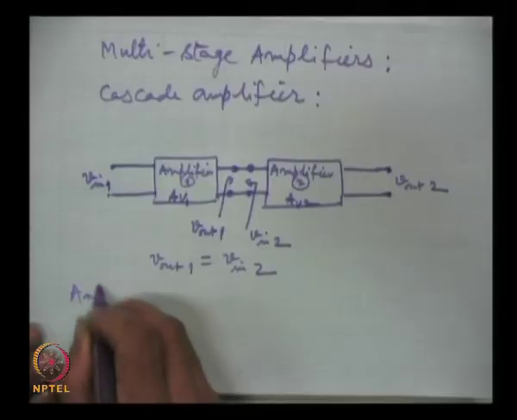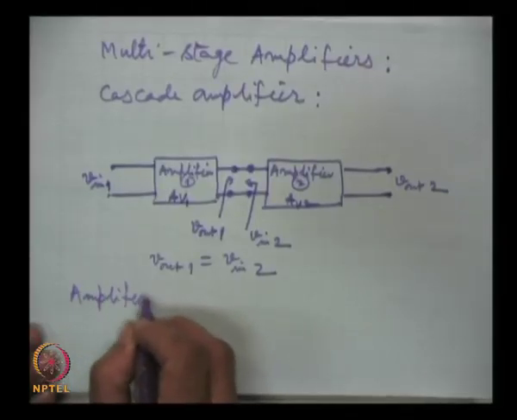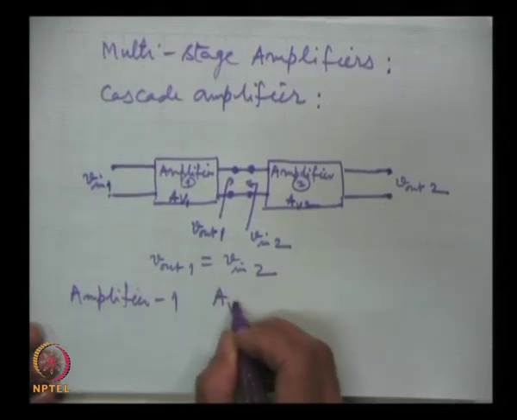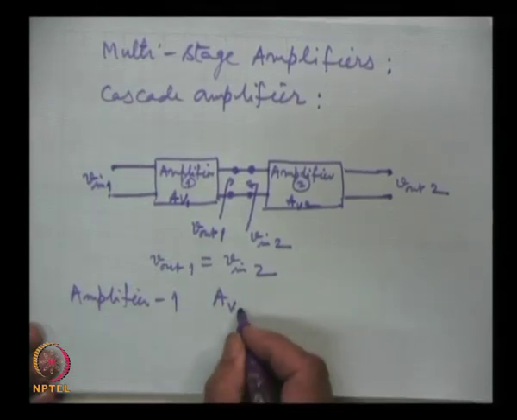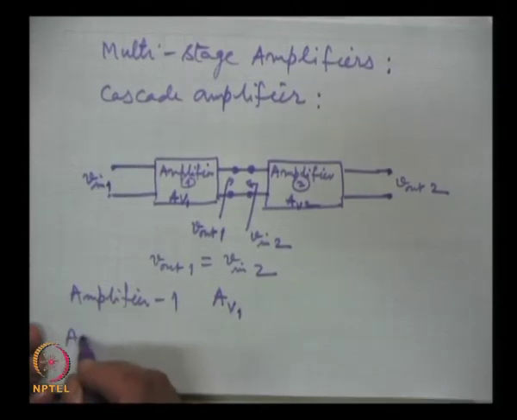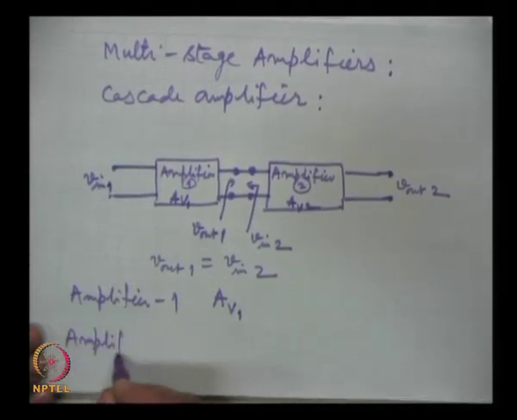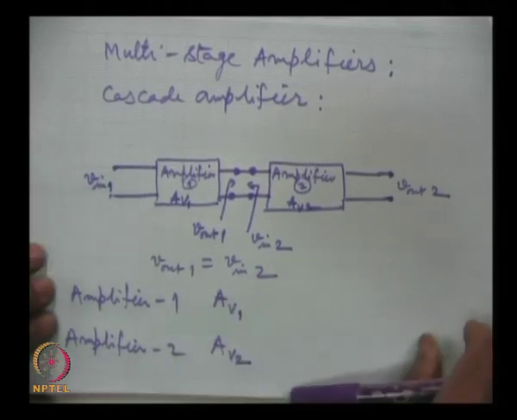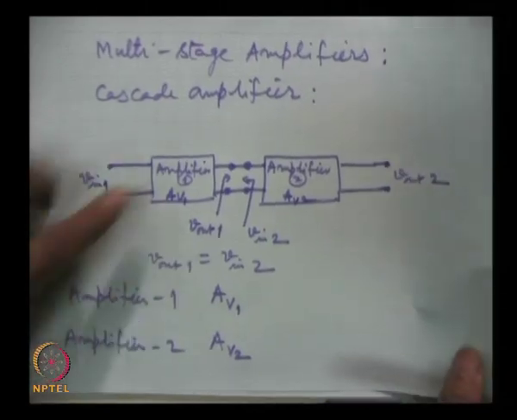If individually amplifier 1 has a voltage gain A V 1 and amplifier 2 has a voltage gain A V 2, then what is the net voltage gain in this amplifier?